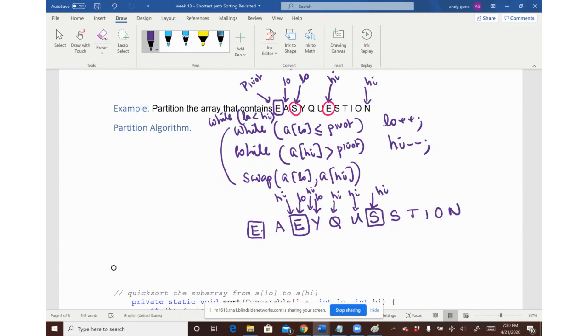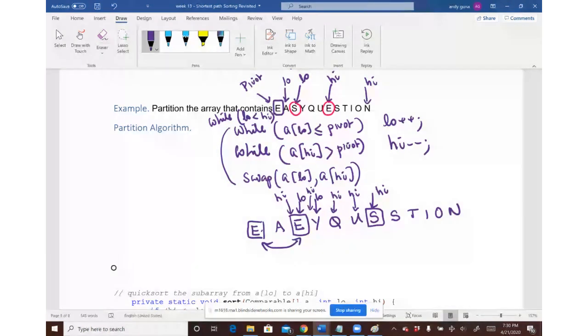So at this point, your algorithm will stop, and no swaps are necessary because you have everything in the right form. So the only thing necessary is that you're going to swap the pivot with the ace of high.